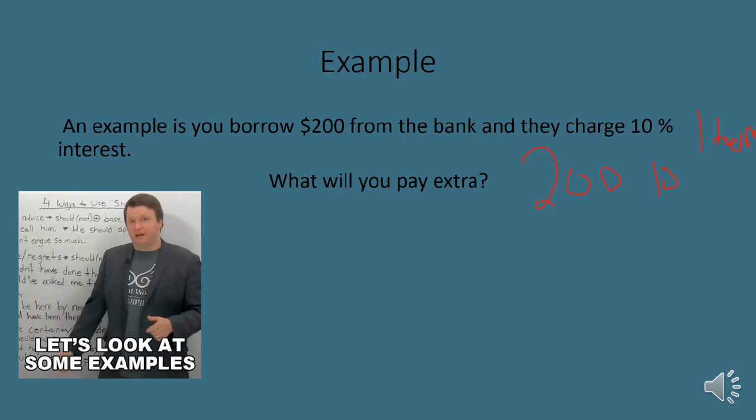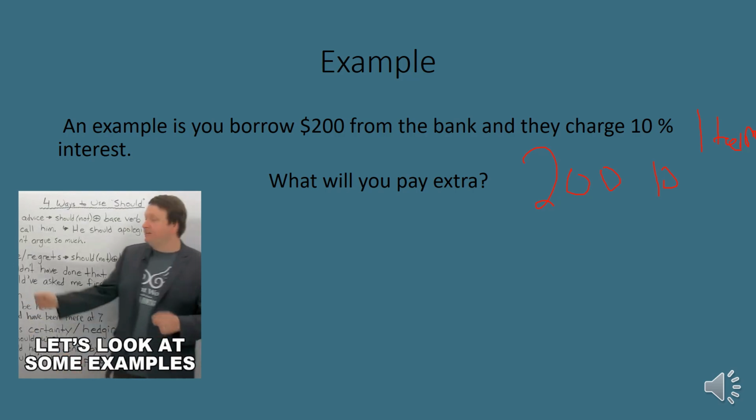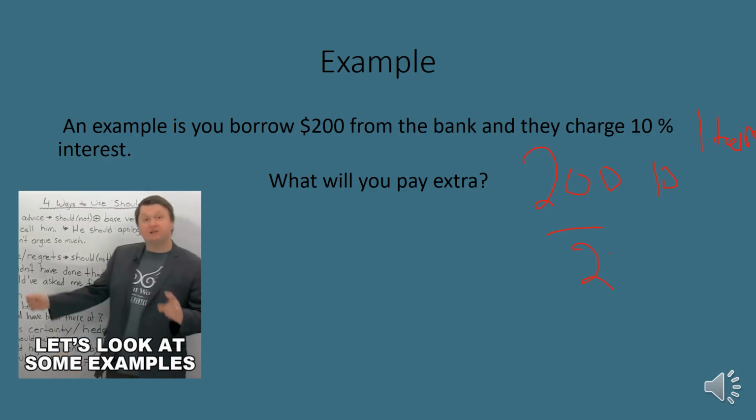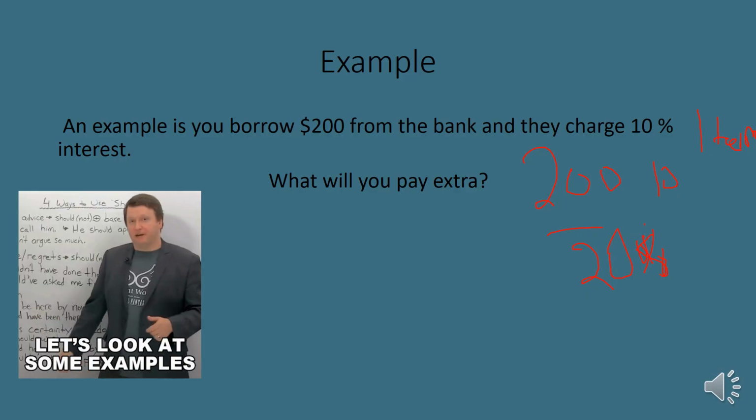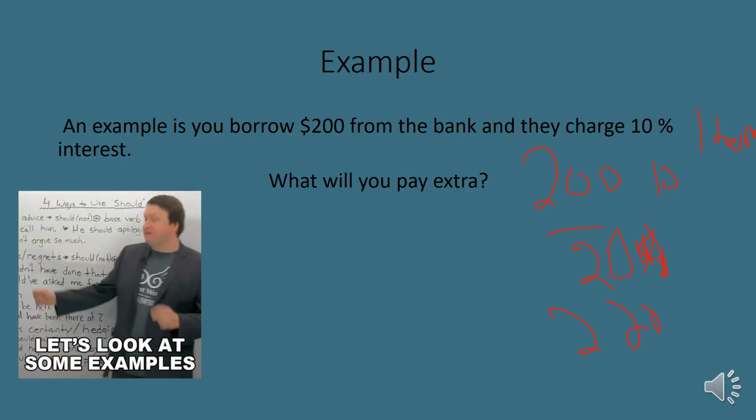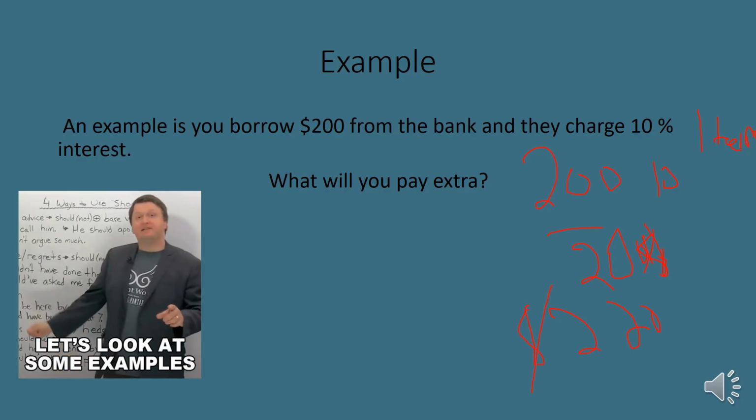Well, 10% becomes 0.1, which equals $20. All right, guys? Then the $20 that we have, we add it to the 200, which equals $220. That's how much money we'll pay extra and how much it will be in total.